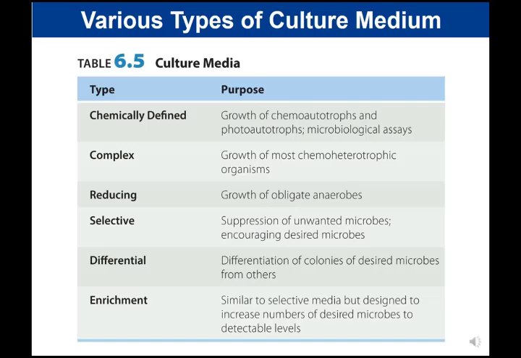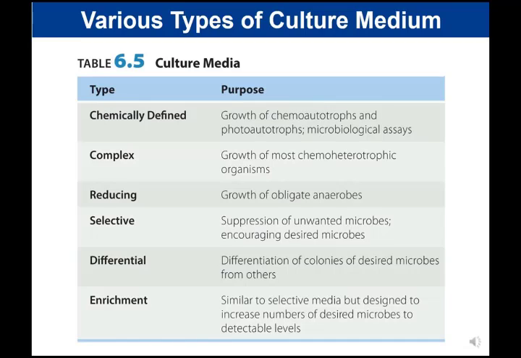So it's going to select against certain organisms and select for the growth of others. Differential media are used to differentiate colonies of desired microbes from each other, usually by differences in metabolism. Meaning some types of organisms might be able to utilize that food source and others don't. And again, you're going to see that a lot more coming up in lab.